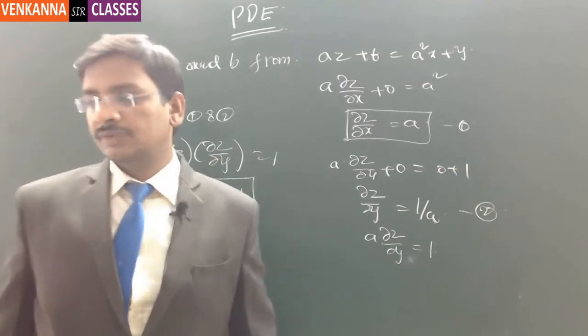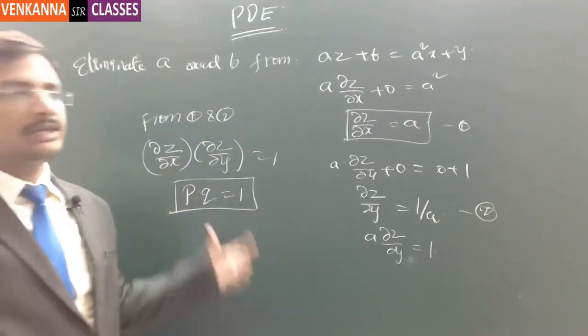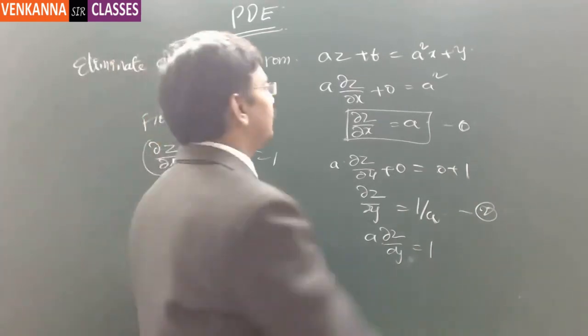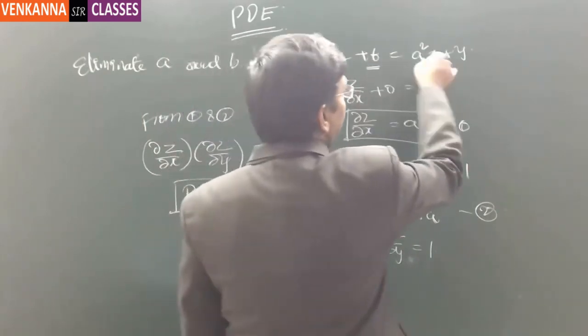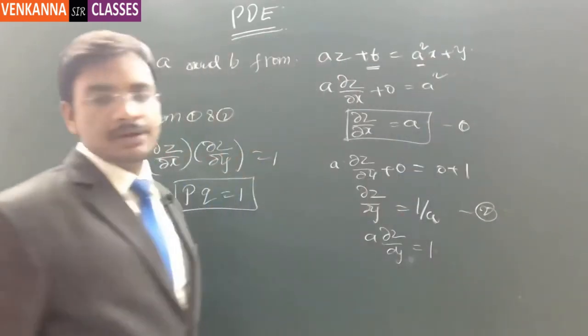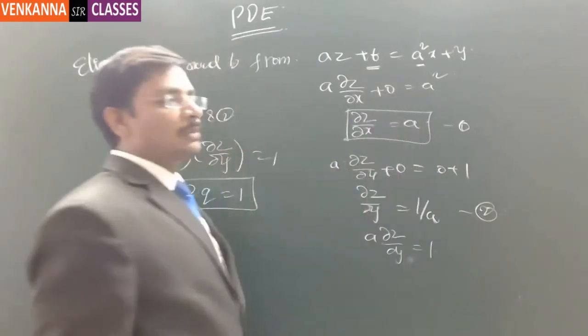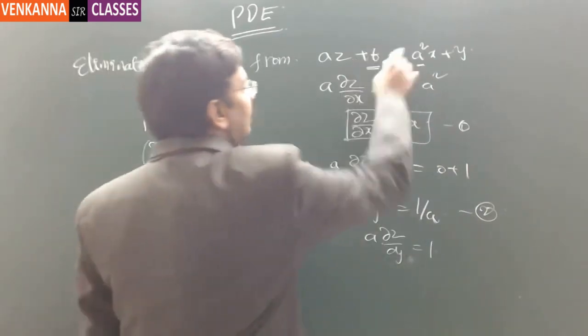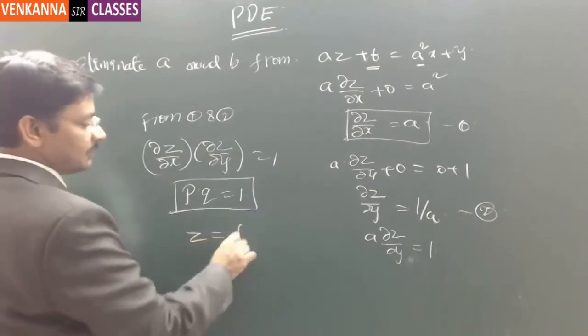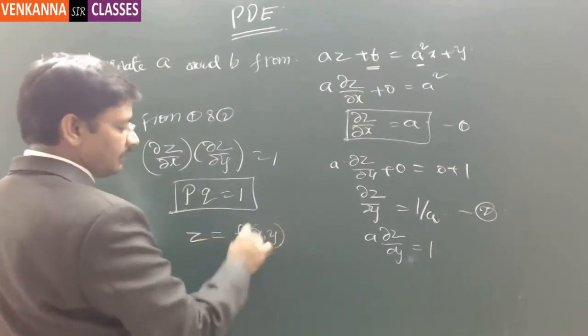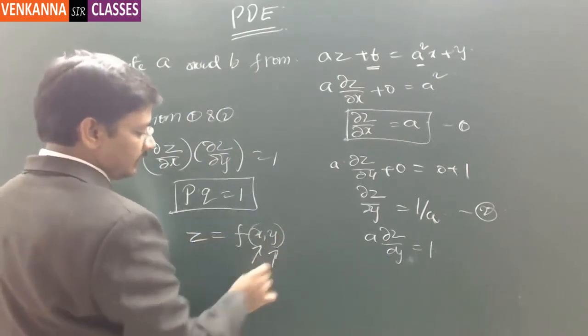Got it? Understood? Why I have given this example is, if you notice, there are two different arbitrary constants here. Z can be expressed as a function of x comma y, so two independent variables are there.